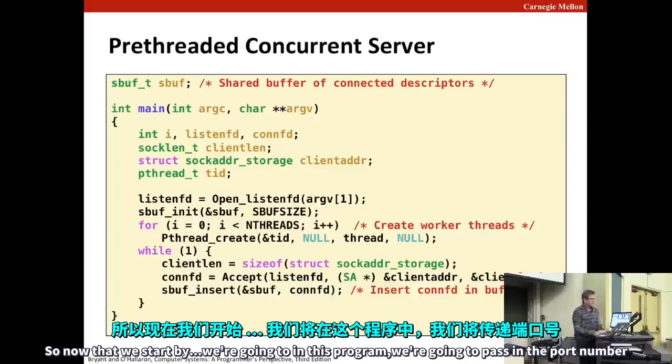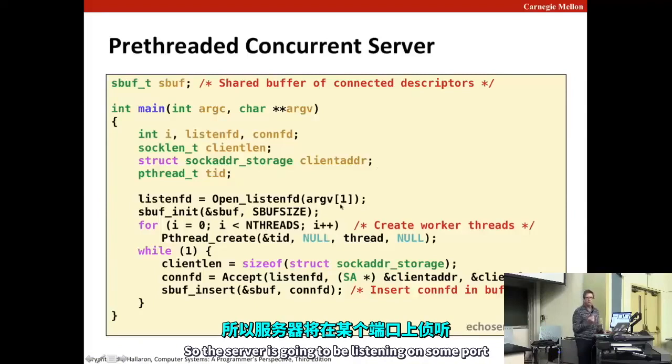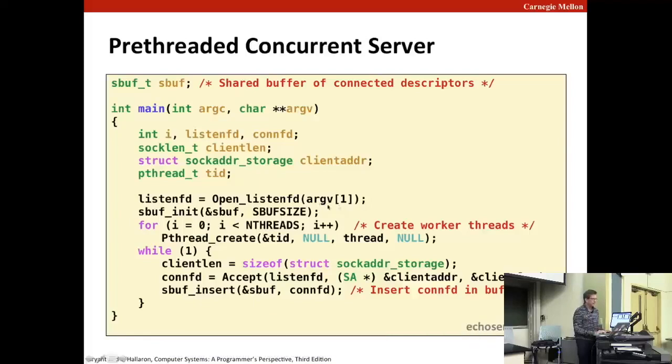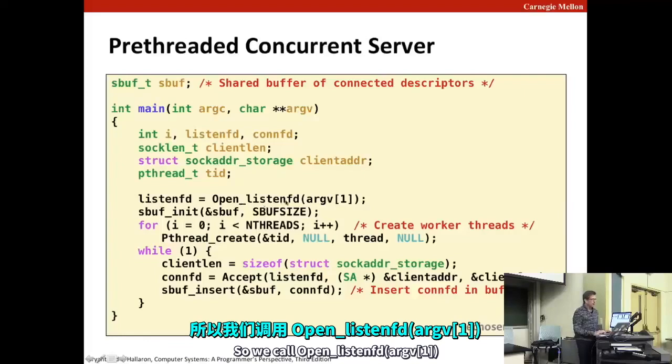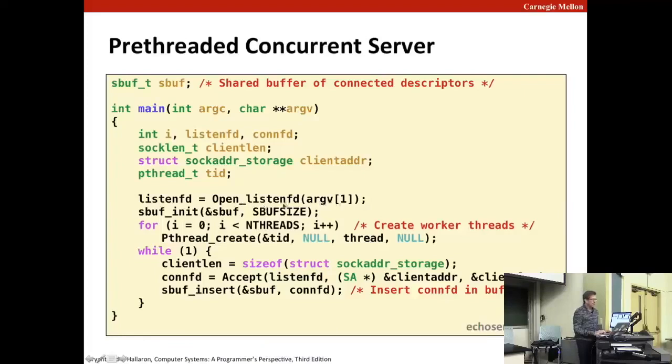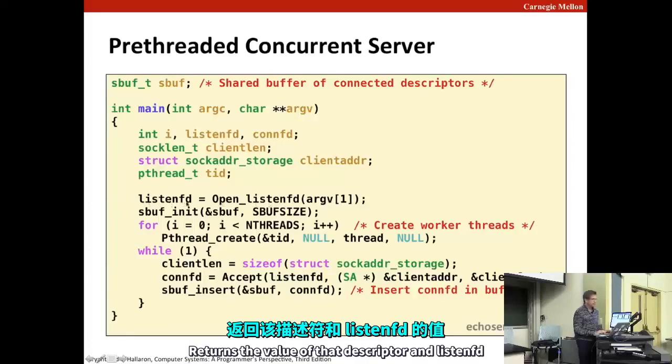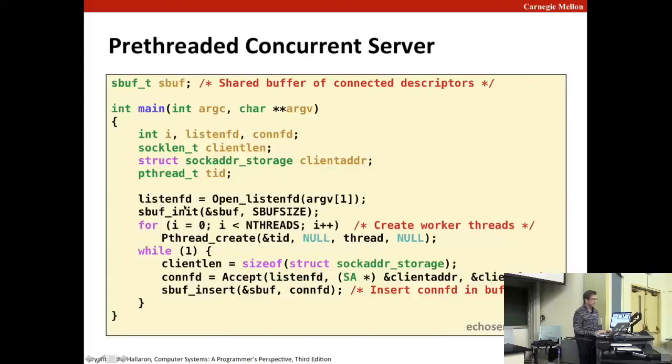In this program we pass in the port number, since the server is going to be listening on some port. We pass that port number in as the first argument. So we call open_listenfd on argv[1], and open_listenfd creates a listening descriptor and returns its value in listenfd.